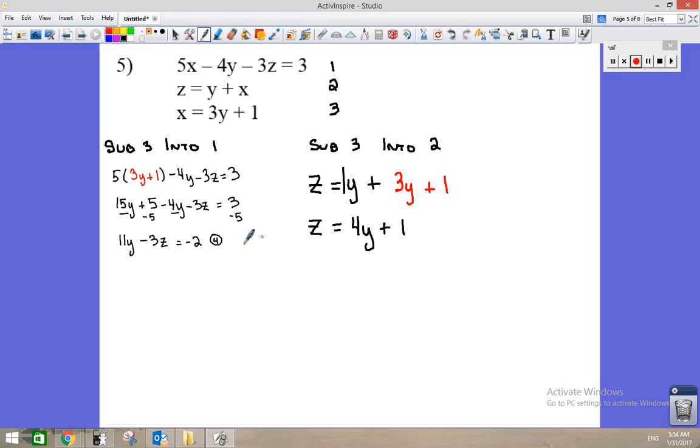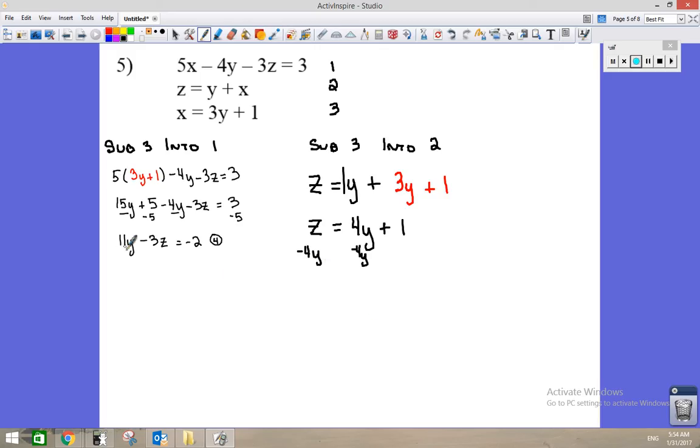Now, if I compare this equation to equation 4, it's a little bit different. In equation 4, the variables, the letters, are on the left-hand side, and the number by itself is on the right-hand side. So this 4y, if I subtract it from the right-hand side, I'll have to subtract it from the left-hand side.